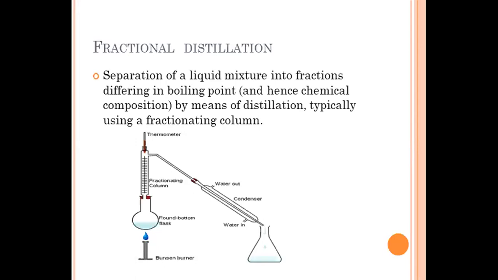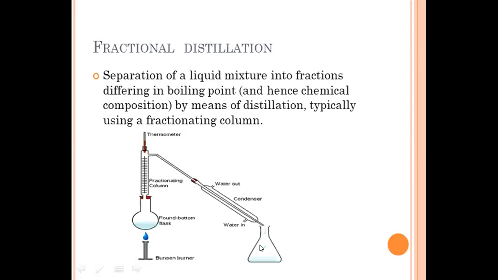Above this, you put a thermometer to measure the temperature, because at different boiling points, different samples are going to separate out. This is the side tube, which is connected with a condenser. This is the water inlet and water outlet, and the vapors which get separated out at different points will condense here, and you can collect the sample.